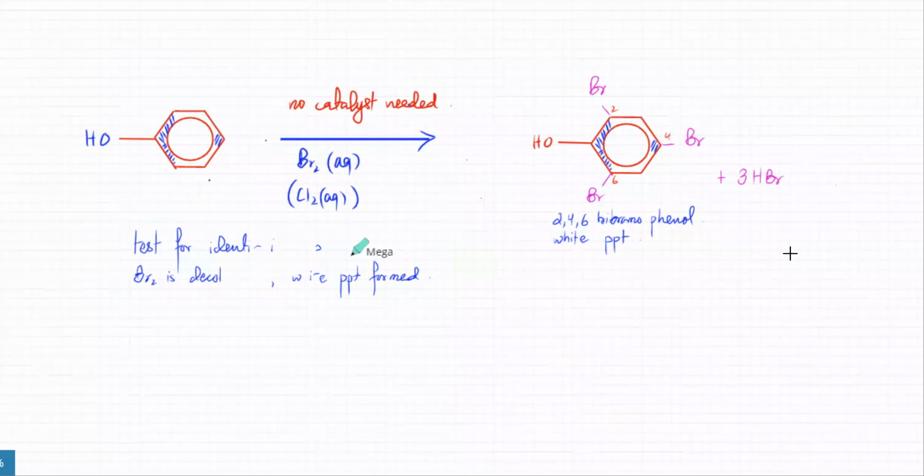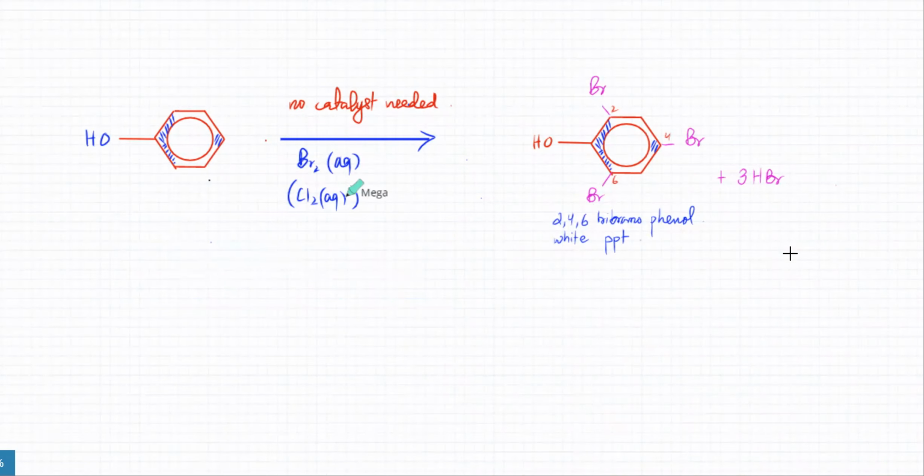So let me erase all of this. Now this one. Again, no catalyst is needed for nitration. You just need concentrated nitric acid. That's it. No catalyst is required.